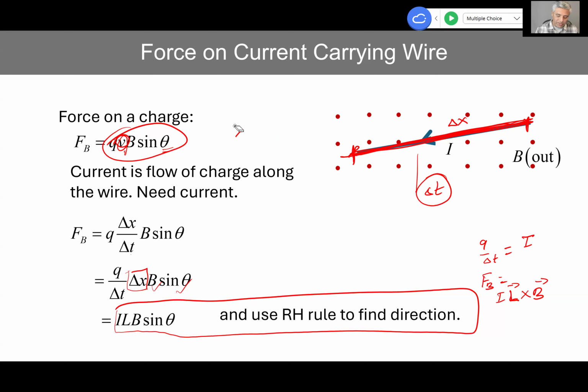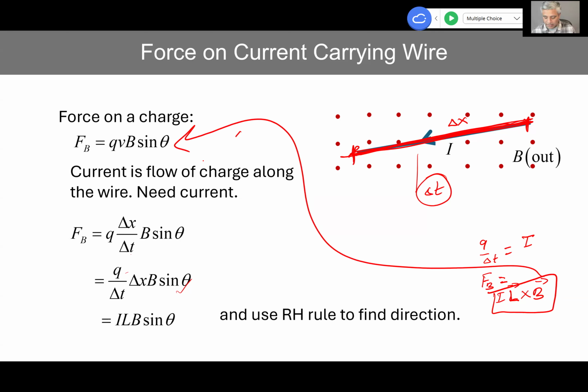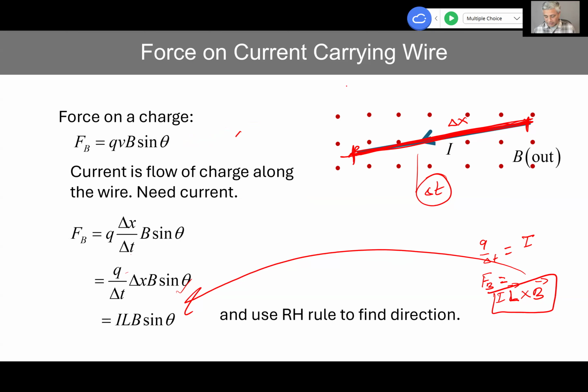So we're not going to be using this cross product much, but sometimes you may see it, and don't get afraid. It's basically, this is how it's supposed to be, but we are going one step simplification and writing like that. Oh, that's supposed to be this, not that one. Okay. So we know the value of the force in a segment of wire that's carrying current I. And we also learned how to find the direction of the force.